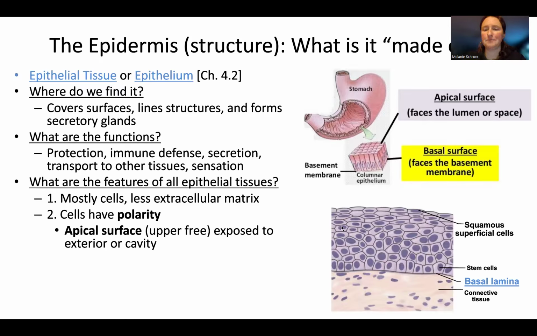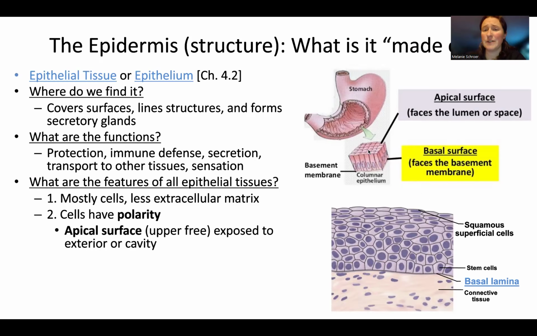So here is a bit of epithelial tissue. This is the outside world, or the lining of a tube or something. This is the rest of that organ, the rest of the body. And so some of the cells face the top, and some face the deeper side. And so we can say that these cells have essentially a top and a bottom.